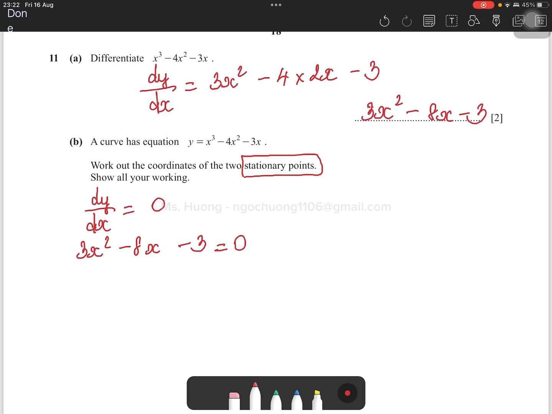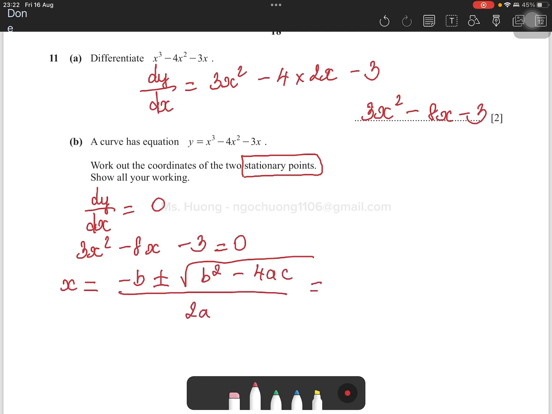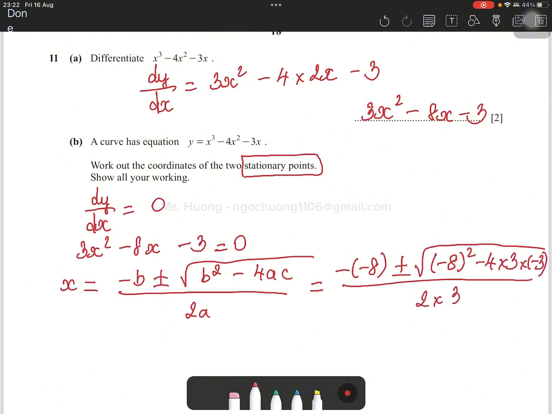If you use the quadratic formula, then it is negative b plus or minus the square root of b squared minus 4ac, over 2a, which is negative of negative 8 plus or minus the square root of negative 8 squared minus 4 times 3 times negative 3, over 2 times 3. So x is equal to 3 or x is equal to negative 1/3.